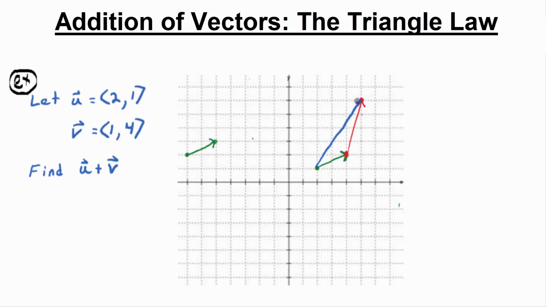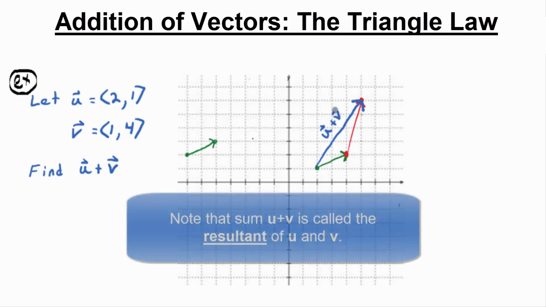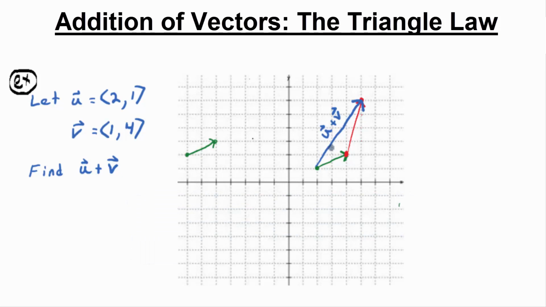And that is u plus v, everyone. So the vector in blue is u plus v. And that is how we add vectors using the triangle law. There's also a parallelogram law, where u plus v turns out to be one of the diagonals of a corresponding parallelogram, but we're not going to worry about that here. The triangle law is good enough for most purposes.